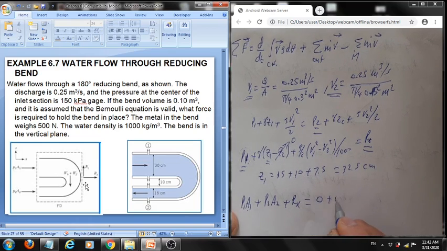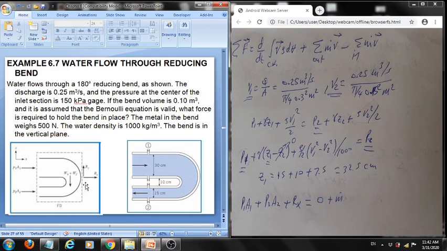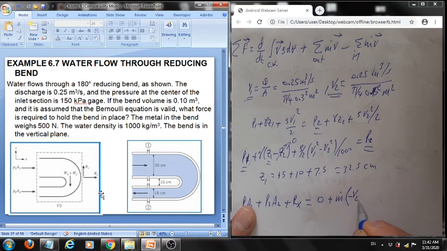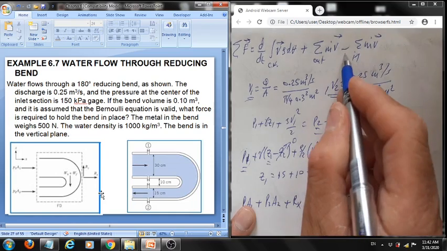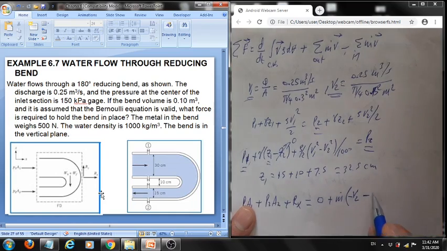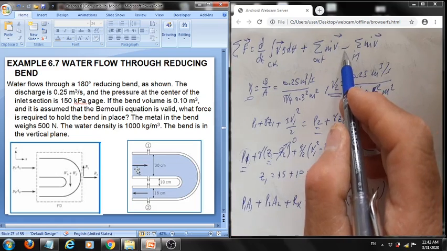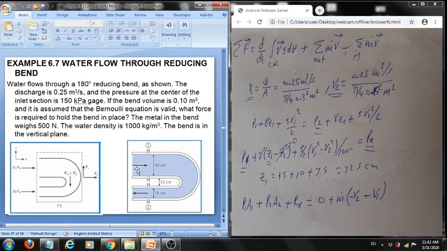Now we have m dot, which is basically the flow rate multiplied by the density, multiplied by V2. Observe now V2 is leaving in the negative x direction, so it will be minus V2 minus V1, where V1 is positive, but this minus comes from the momentum equation.